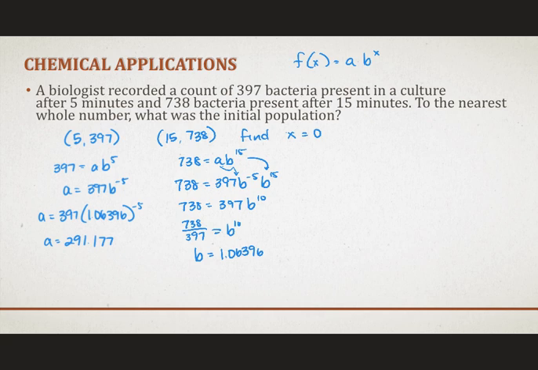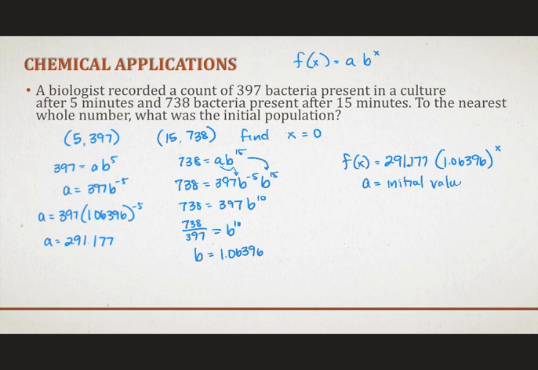Okay. Now, if you remember, well, let me put this first. So our model is going to be 291.177 times 1.06396 to the x. Now, if you remember all the way back to the beginning of chapter 6, A represents your initial value.